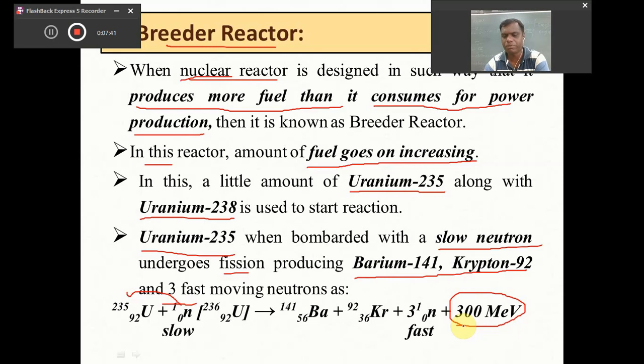So this is the simple nuclear fission process. But in this reaction we are getting the fast moving neutrons. Slow moving neutrons are bombarded on the uranium 235, that will break down into two smaller nuclei, barium and krypton, with the liberation of fast neutrons and a large amount of energy.